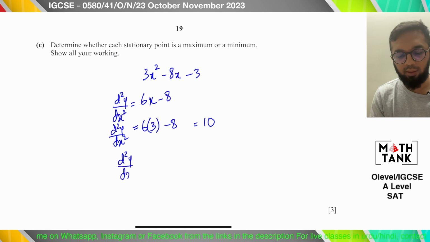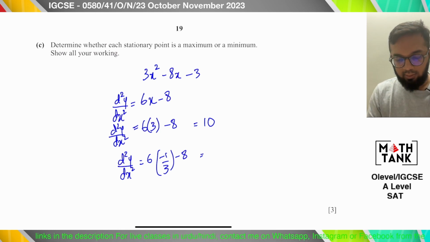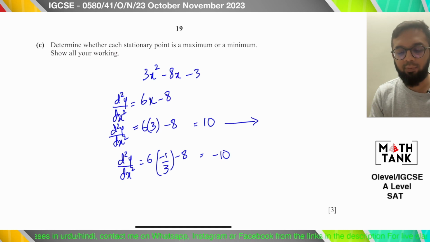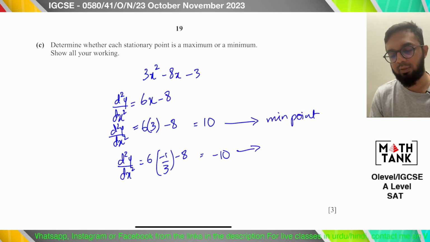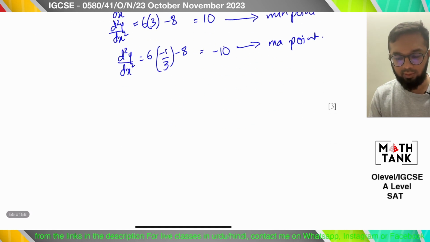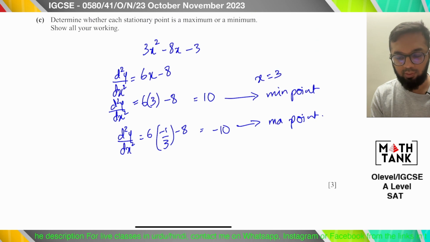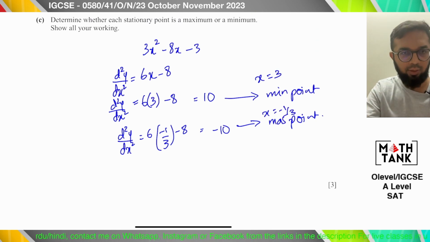And then I plug in my second number, that is minus 10. So a positive means a minimum point and a negative means it's a maximum. Okay, so x equals 3 is the minimum and x equals minus 1/3 is the max.